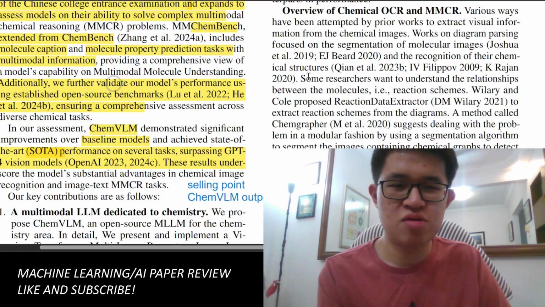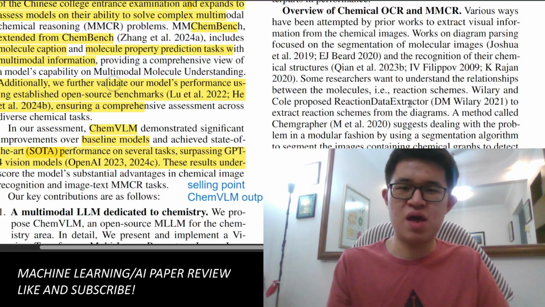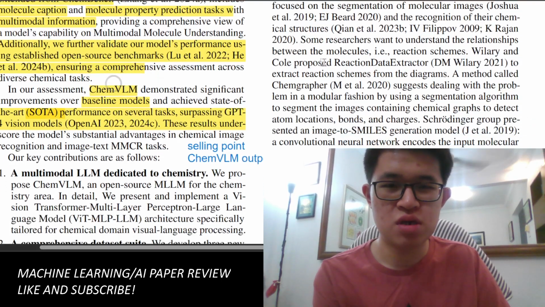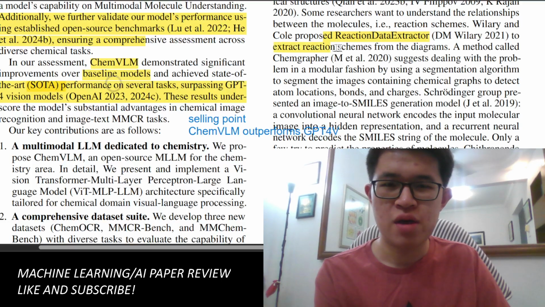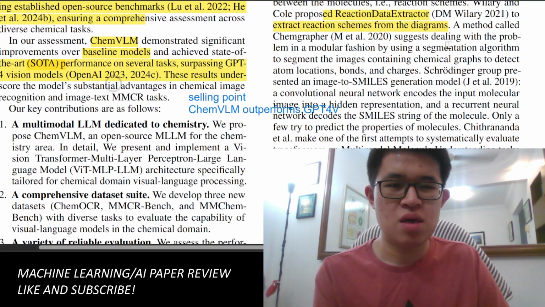And the recognition of their molecular structures, and some want to understand the reactions between molecules, and a couple of researchers proposed a reaction data extractor to extract reaction schemes from diagrams.